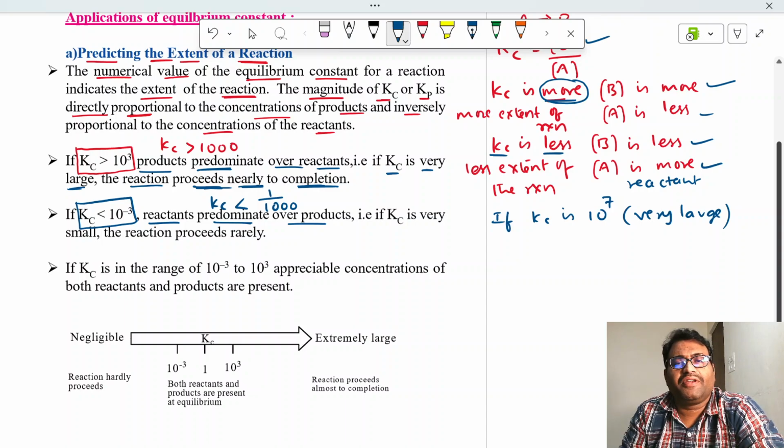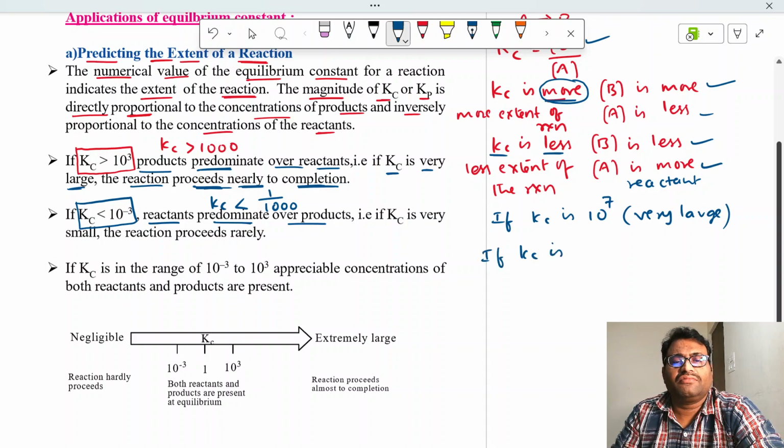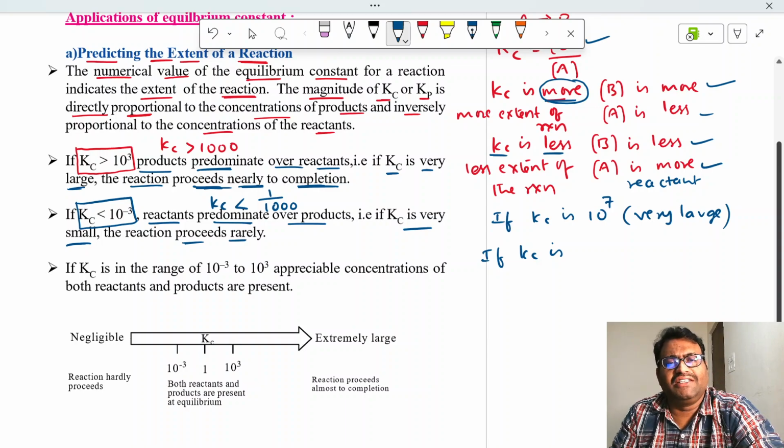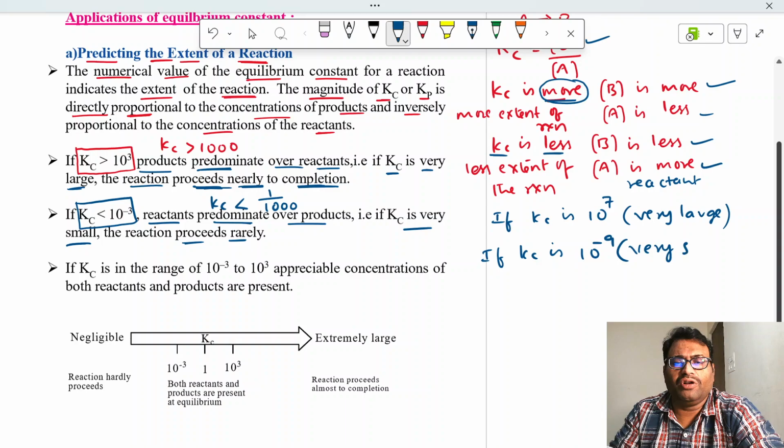Reactant will be greater than product. If Kc is very much small, the reaction proceeds rarely. That means very less amount of the reactant has been converted into product, like 0.01%. For example, if Kc is 10 power minus 9, it is very small.